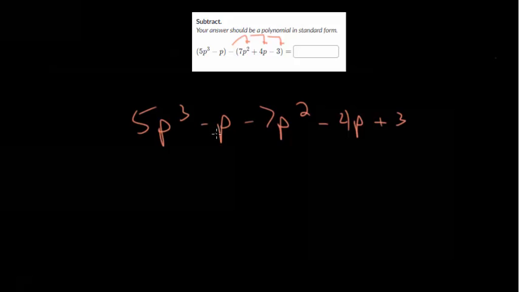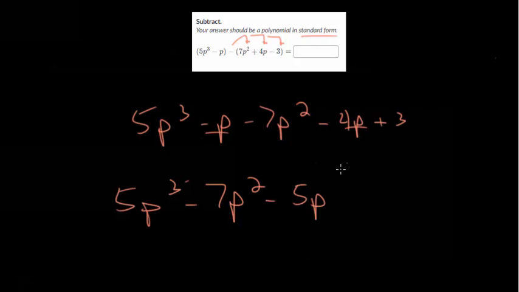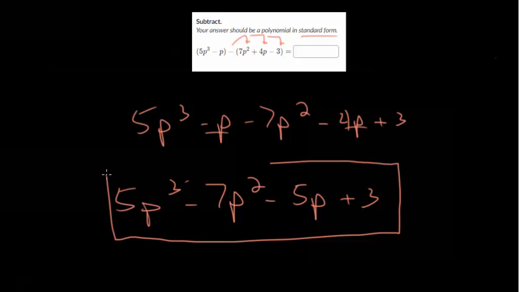Now, again, the only like terms in this are the linear terms, so this one, and we got to write it in standard form, so highest power of p first, then we have the square term, and then minus p minus 4p would be minus 5p. And we just have this plus 3 at the end. And this will be our final answer here. Once we've subtracted this quadratic from this cubic, we end up with a cubic here.